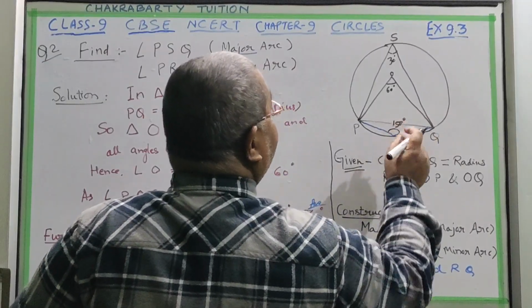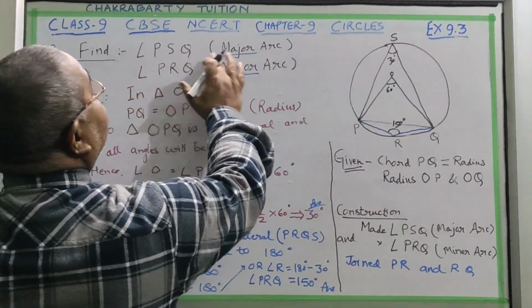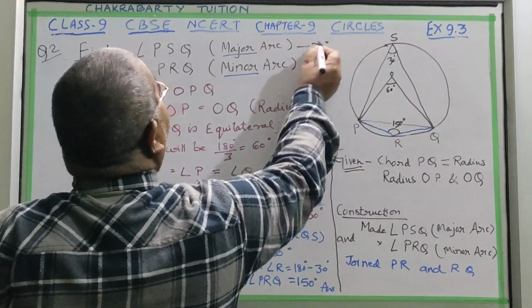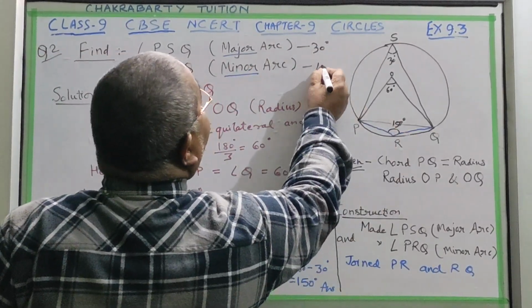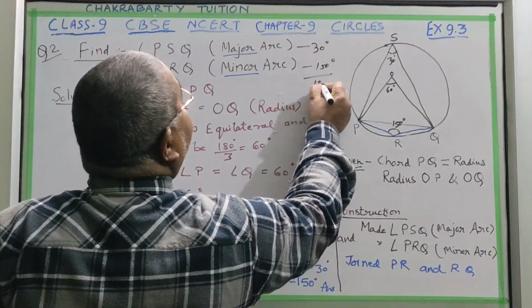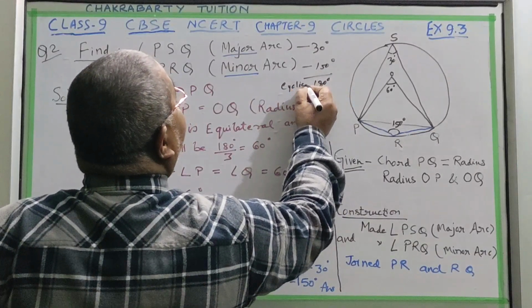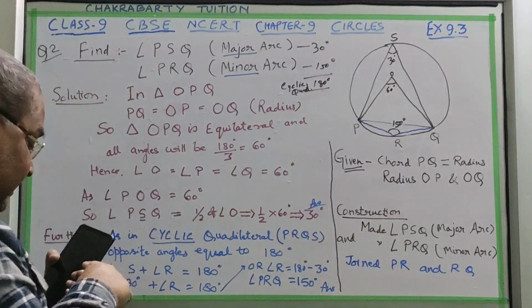This you have found out. And this is your answer, because your challenge was to find PSQ. PSQ you have found to be 30 degrees, and PRQ you have found to be 150 degrees, and their total is 180 degrees. Cyclic quadrilateral. Okay, this way this question is over.